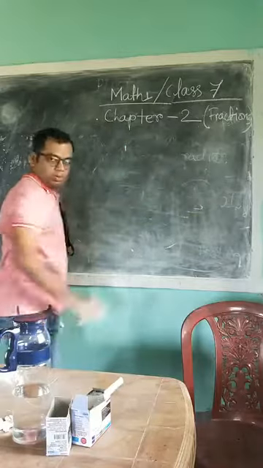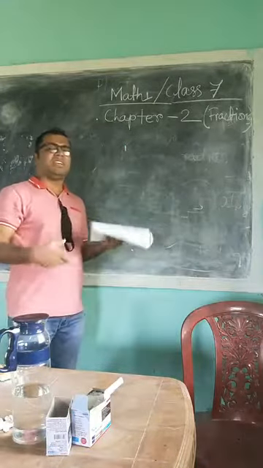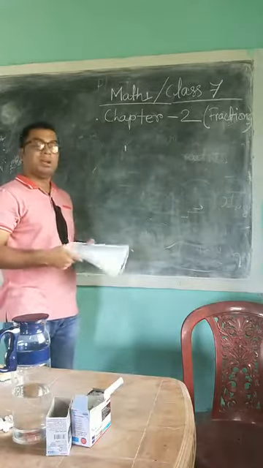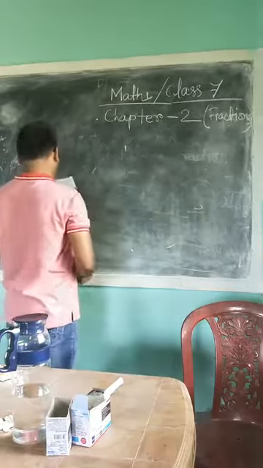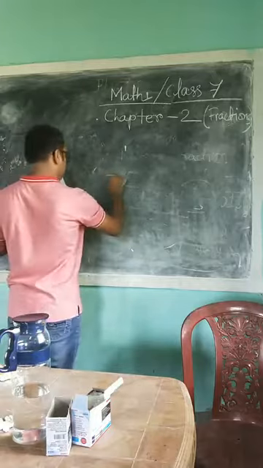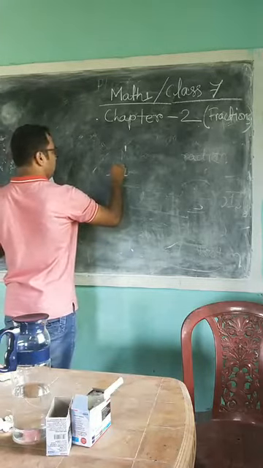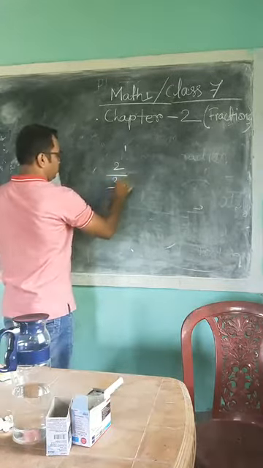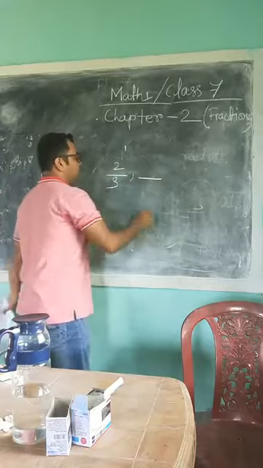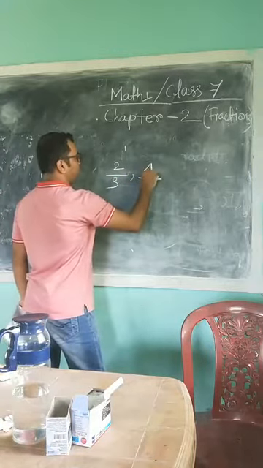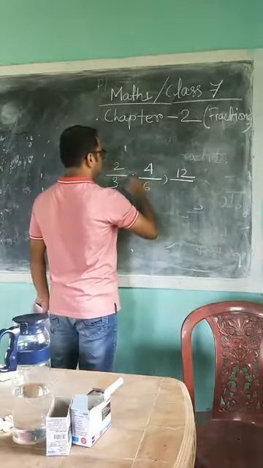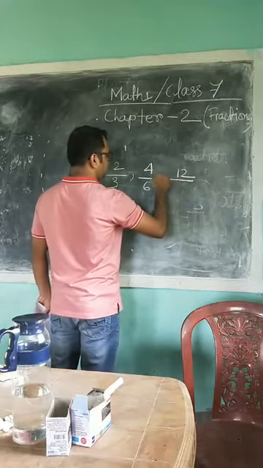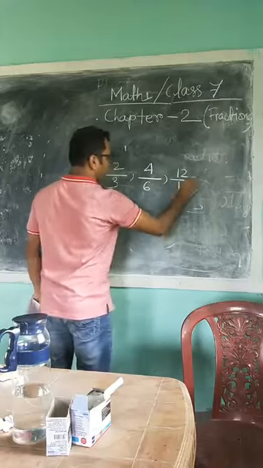Now we will talk about similarities and dissimilarities between the fractions. In this case, let me write some example. 4 by 6, 12 by 18.